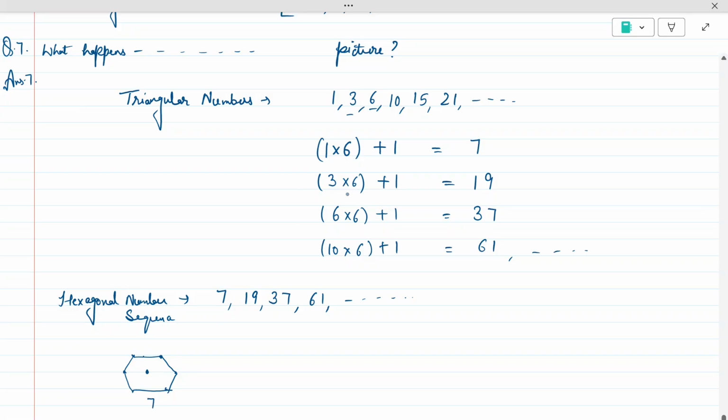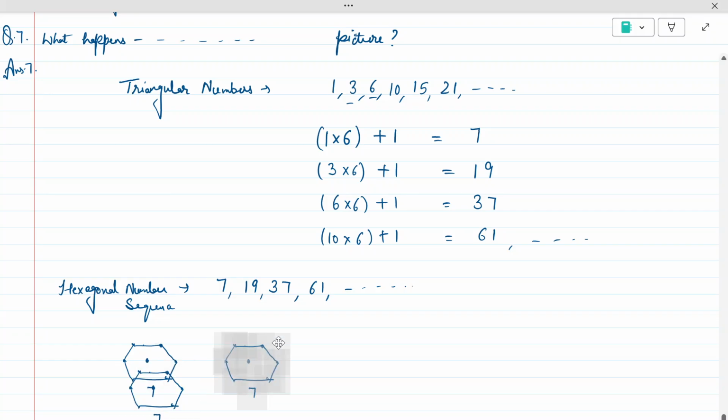To the next, we have 6 multiplied by 3 plus 1. So we have to do the same, and on top of this one, we will do another. So we have this number and a bigger hexagon around this, and we will draw the dots also.